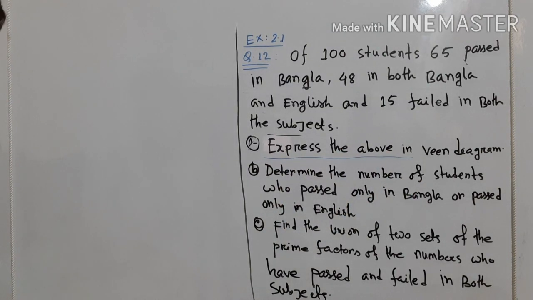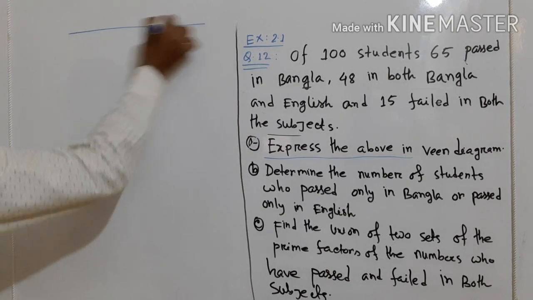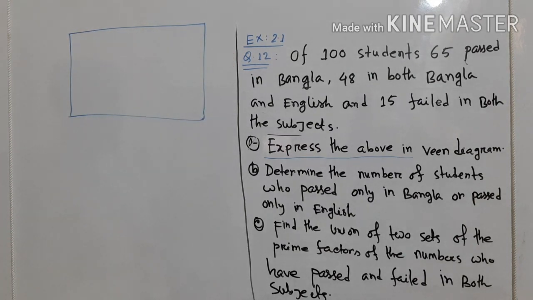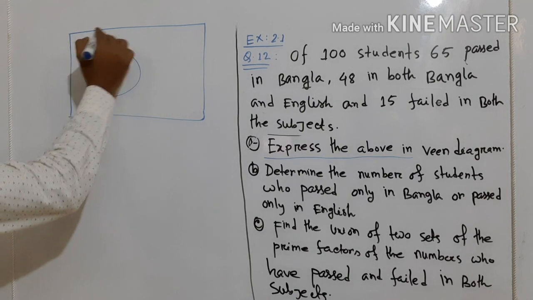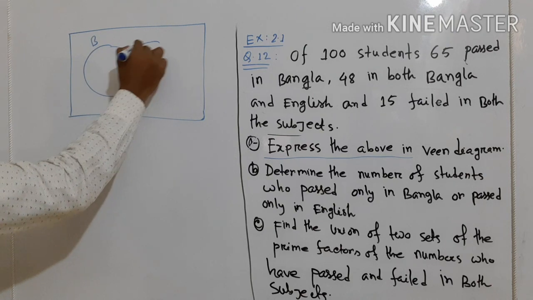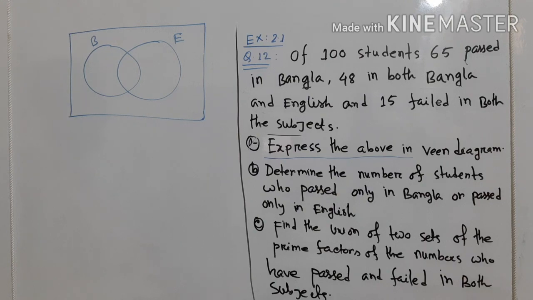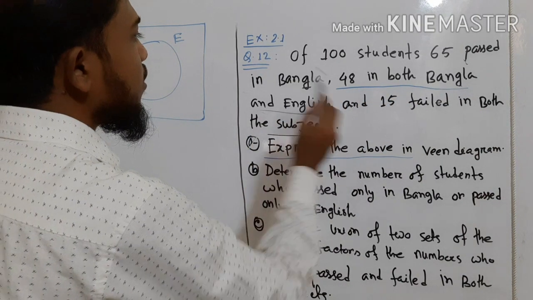First of all, I will express the above discussion in a Venn diagram. So look, this is Bangla and this is English. Our given value is 48 in both Bangla and English.